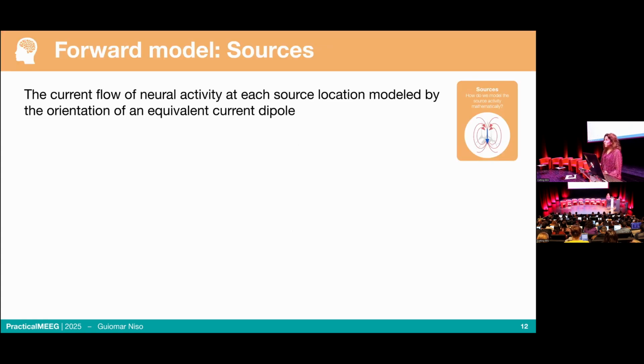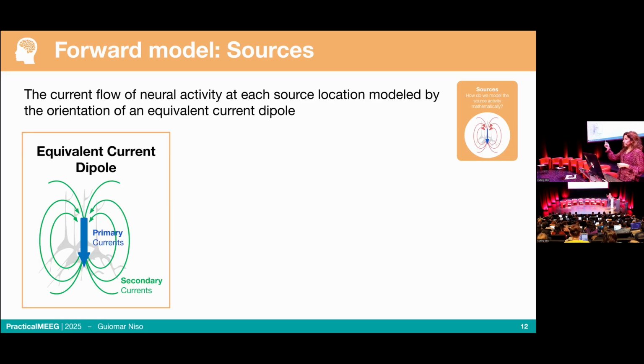So in addition to the sensors and the head, we need information about the sources. How do we model the sources? The current flow of neural activity at each source location can be modeled by an equivalent current dipole. These are the primary currents, and because electric currents have to close the loop, we also have this volume of secondary currents.